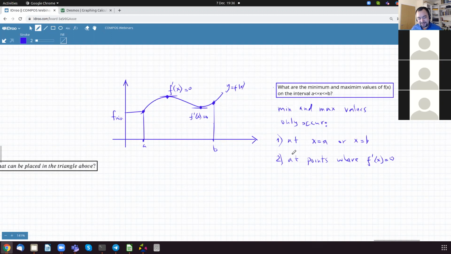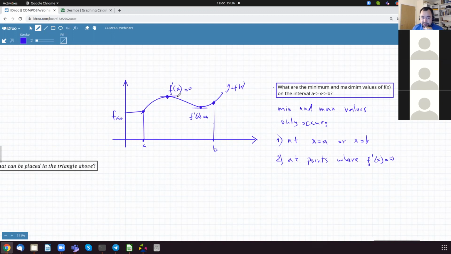Okay, so the gradient of the graph is 0 means the derivative is 0, because the gradient is the derivative. Once again, the derivative of a graph is the gradient of the graph at that point.